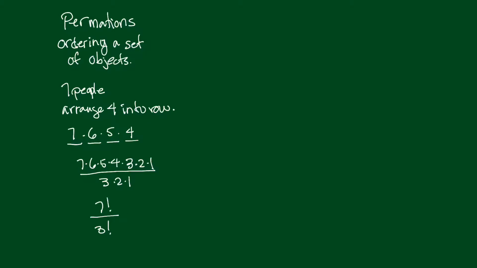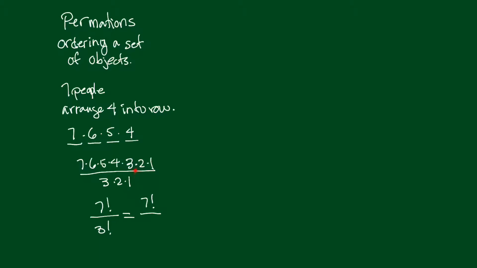That's 7 factorial. The bottom is 3 factorial. Now what I would like to do is rewrite this using the numbers that I'm given in my counting problem. I started out with 7 total objects and I arranged 4 of them. Now, in my formula here, I can see the 7, the total number I started with. So there's the 7 factorial. Now the denominator is this 3 factorial, and where did that come from?